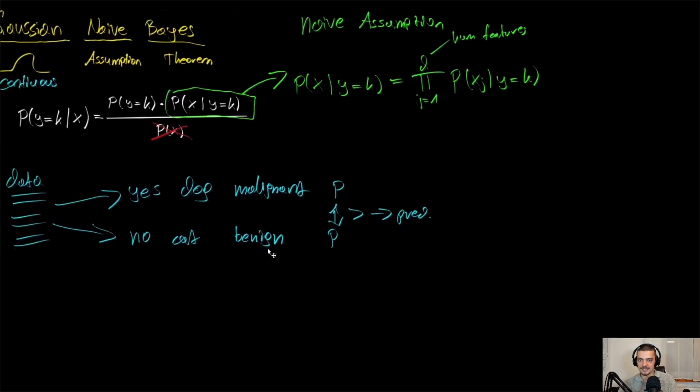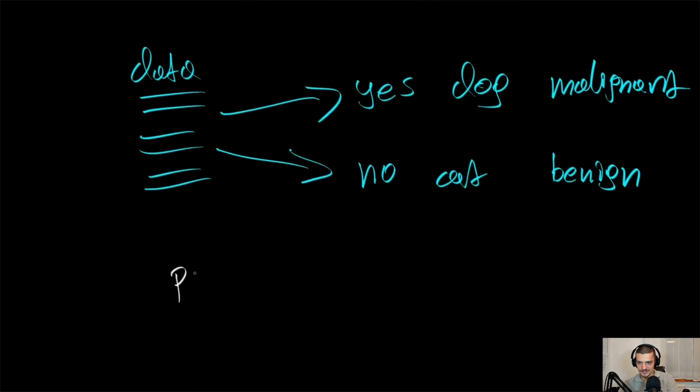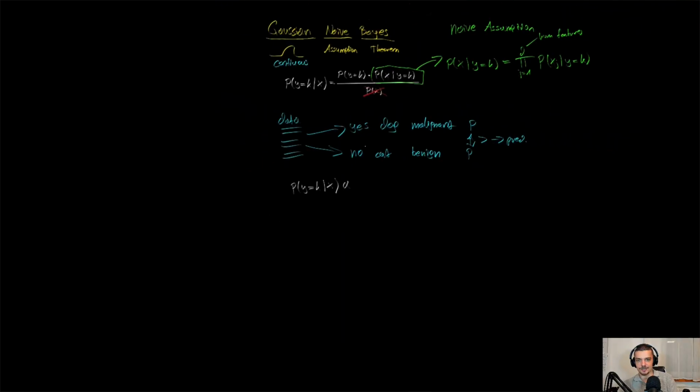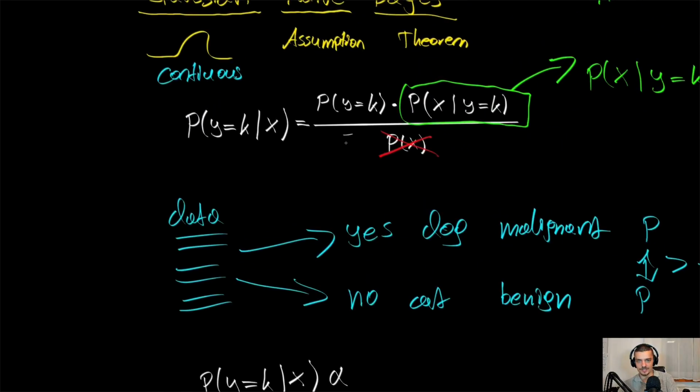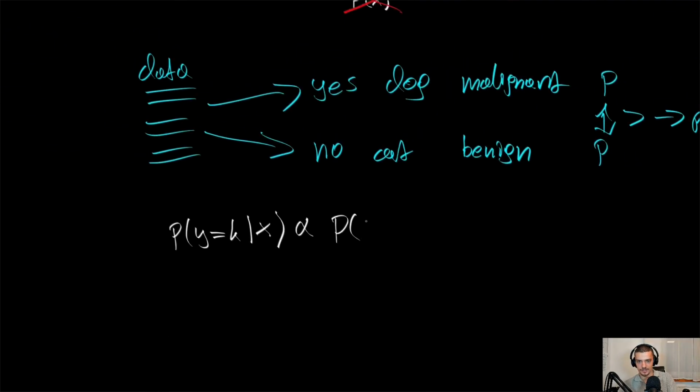And with this naive assumption now, we can take the formula and rewrite it as follows. We can say the probability of y being equal to k given the data, which is of course what we're comparing, right? We're getting this here for one k and then for the other k, and then we're just looking at which one is larger. But that thing we just say is proportional now. This is proportionality here. That this thing here is proportional to p of y is equal to k. So that is just a prior probability here, y being equal to k.